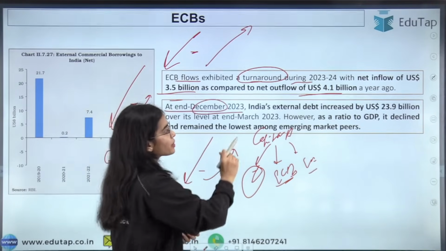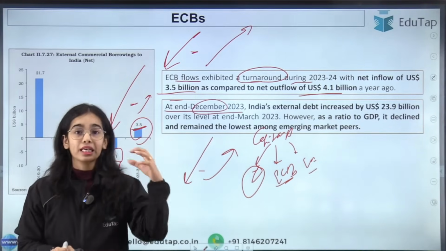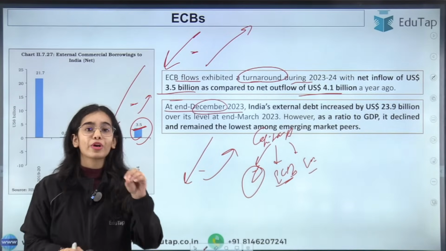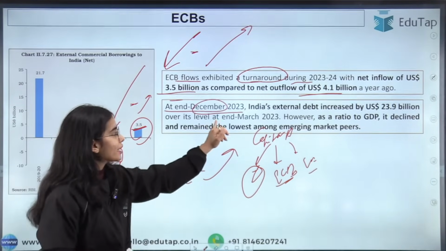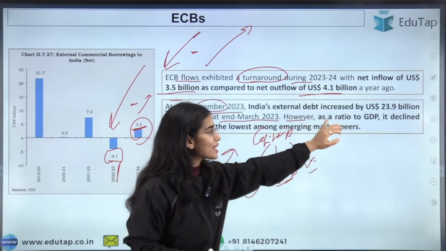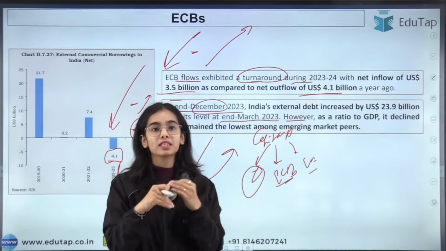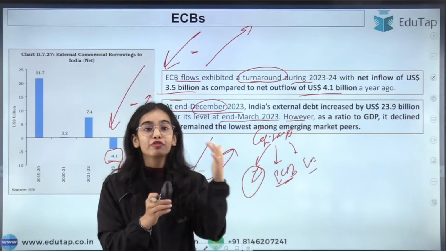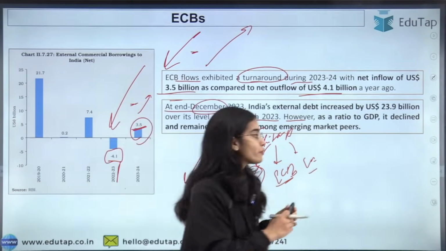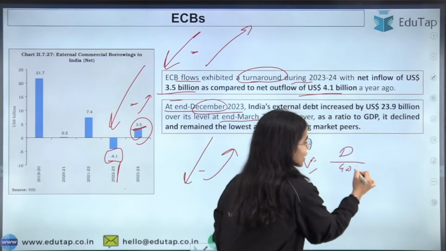At end December 2023, India's external debt increased by US dollar 23.9 billion over its levels at end March 2023. However, as a ratio to GDP, it had declined. Even though in numbers the external debt is increasing, as a ratio of GDP it is actually declining.